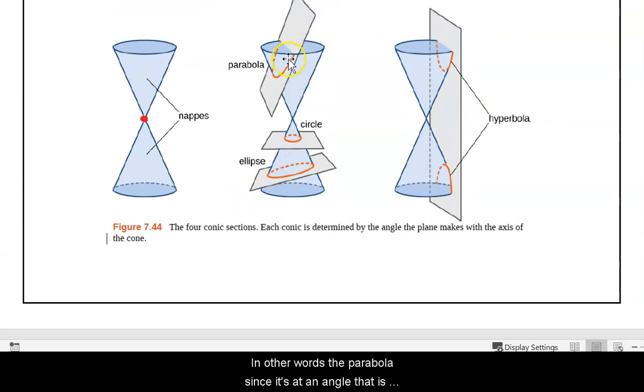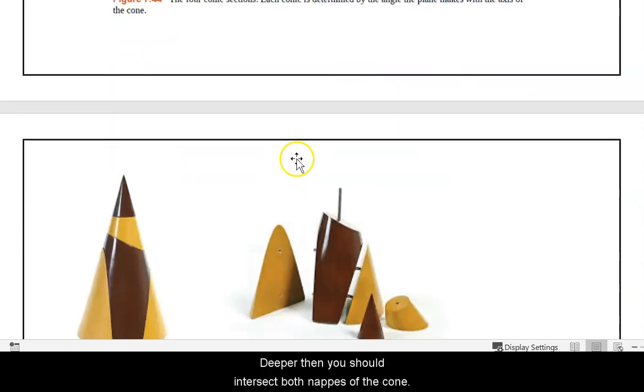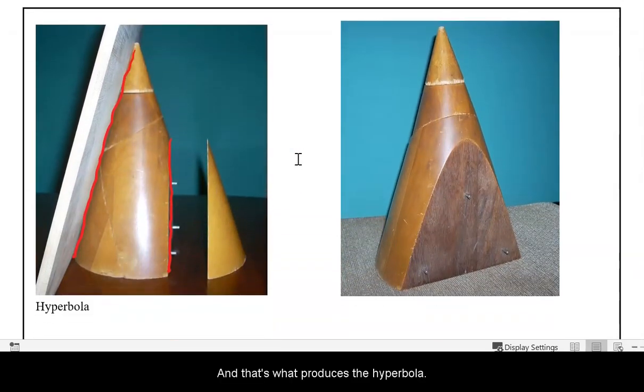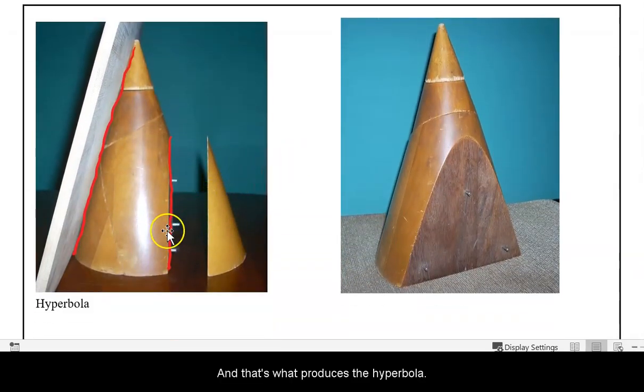In other words, the parabola, since it's at an angle that is parallel to the line that produced it, parallel to this, will never again intersect the other nap. If you make the cut steeper, then you should intersect both naps of the cone, and that's what produces the hyperbola.